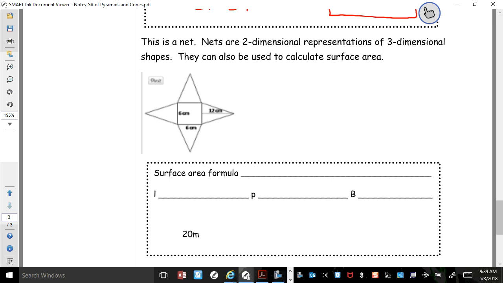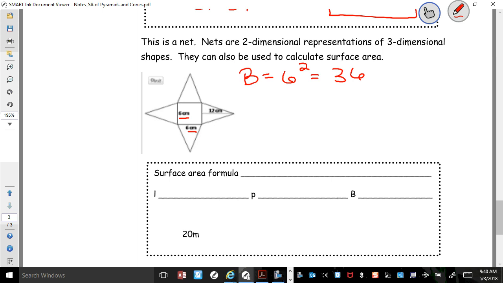I know that this is 6, this is 6, and this is 6, which means it's a square. So big B would be 36.